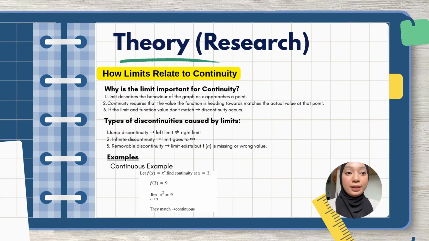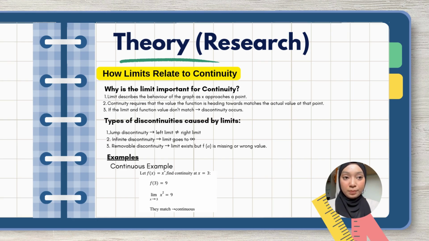Why is the limit important for continuity? Number one, the limit describes the behavior of the graph as it approaches a point. Number two, continuity requires that the value the function is heading toward meets the actual value of the point. Number three, if the limit and function value don't match, discontinuity occurs.